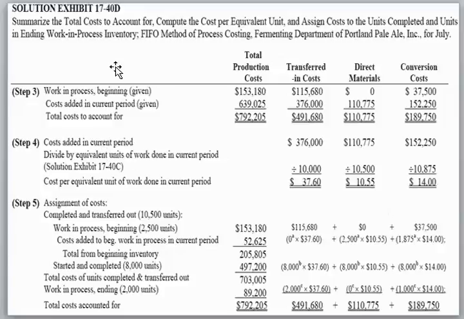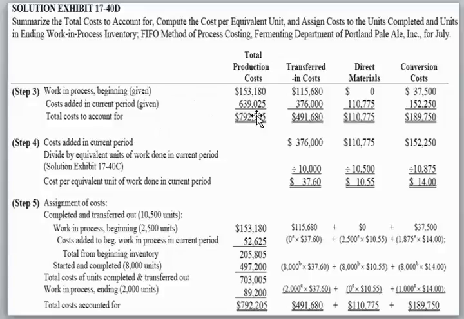40D summarize the total cost and assigning of the cost to units completed and units in ending work in process using the FIFO method. Work in process beginning is given for the transferred in cost, direct material and conversion, so the total will be 153,180, and cost added in the current period is given also for the transferred in cost, direct material and conversion cost. We add all to get the total production cost added in the current period, which is 639,025.